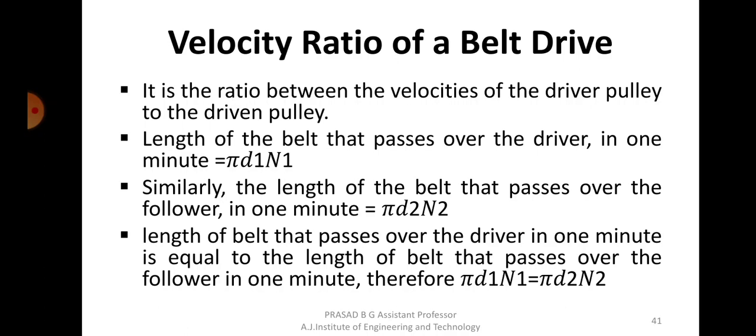So pi d1 n1 will be equal to pi d2 n2. The length of the belt that passes over the driver in 1 minute is equal to the length of the belt that passes over the follower in 1 minute. Assuming that there is no slip taking place in the belt, the speeds have to be same. So pi d1 n1 should be equal to pi d2 n2.